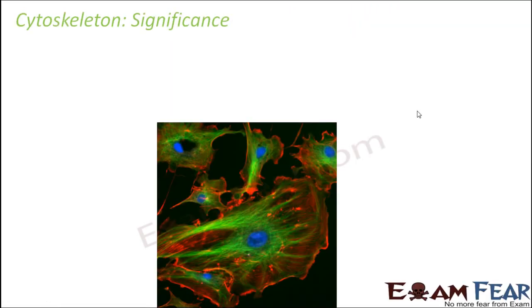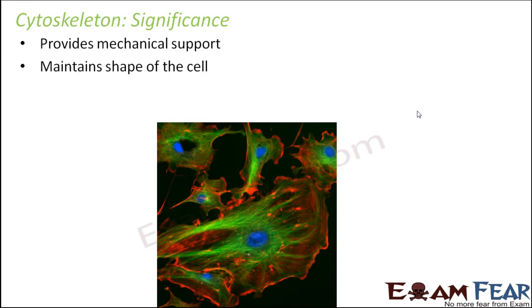Quickly looking at the significance of the cytoskeleton, it provides mechanical support and maintains the shape of the cell. The shape of the cell is not dependent on just one thing. The cytoskeleton plays a role, the cytoplasm plays a role, even the plasma membrane plays a role. So many things put together achieve one thing. That is the motto here.